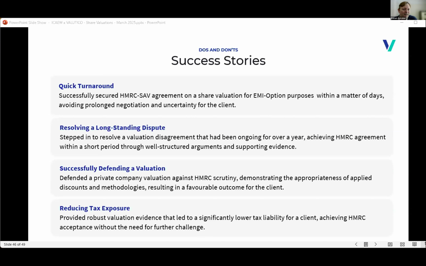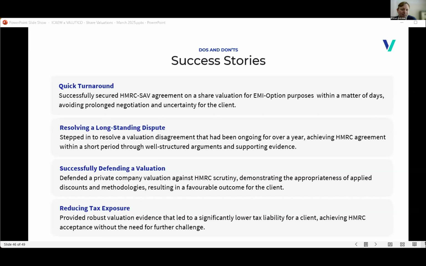Resolving a long-standing client dispute. In another case, we stepped in to resolve a valuation disagreement, which had been ongoing for over a year. And by presenting well-structured arguments, we achieved HMRC agreement within a relatively short time frame, bringing the matter to a successful close. Successfully defending valuation. In another case, we successfully demonstrated the appropriateness of applied discounts and methodologies, which led to a favourable outcome for our client.